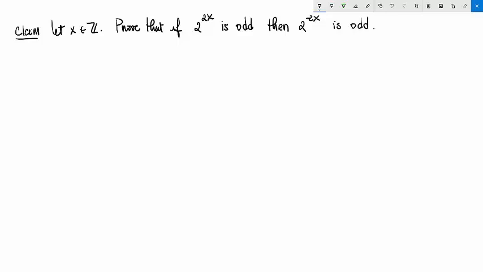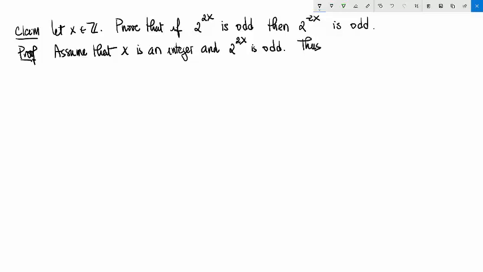So like I said, I always try to do everything directly. So let's see if we can try to establish this claim directly. My hypothesis here is that 2 power 2x is odd. So I will say assume that x is an integer and 2 power 2x is odd.